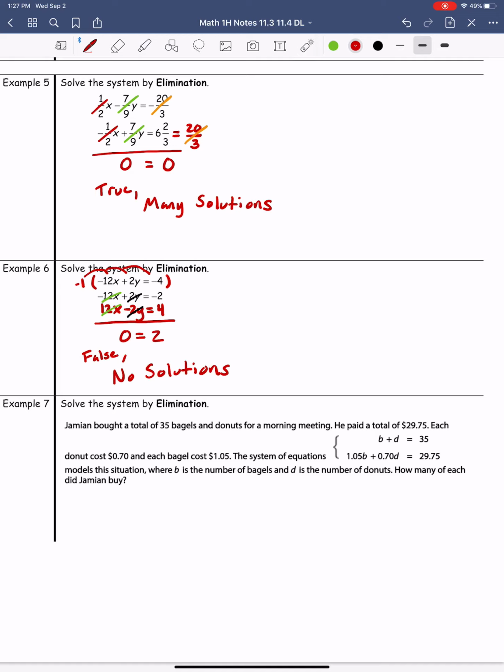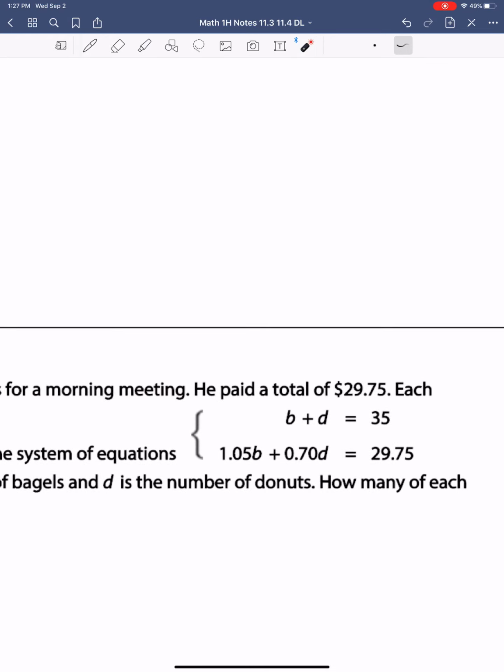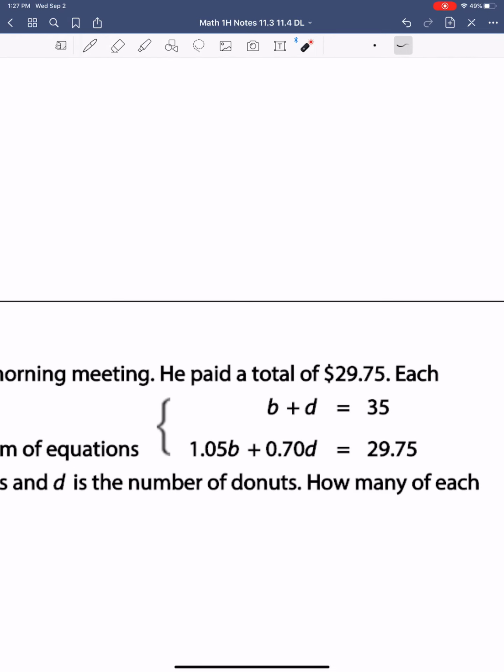And they give me a system of equations here, right? Two equations, two variables, that's the system. And now we need to go ahead and solve this system to figure out the number of bagels and donuts that this person bought. So as we zoom into the system here, notice we've got B and B stacked up and D stacked up, and we've got these numbers on the right side.